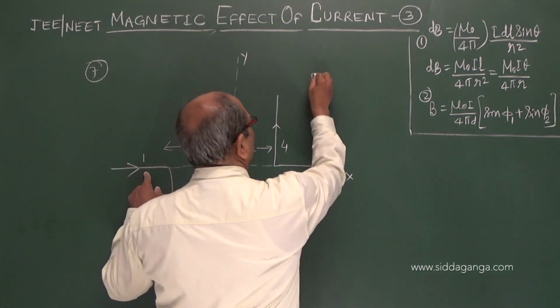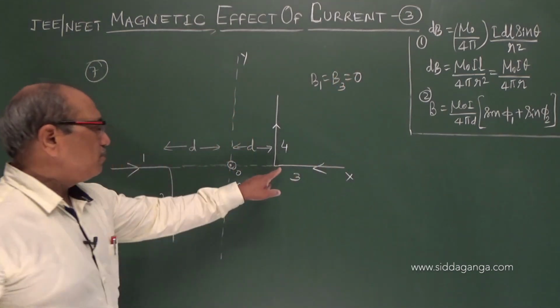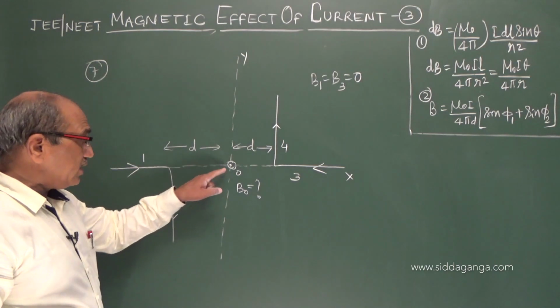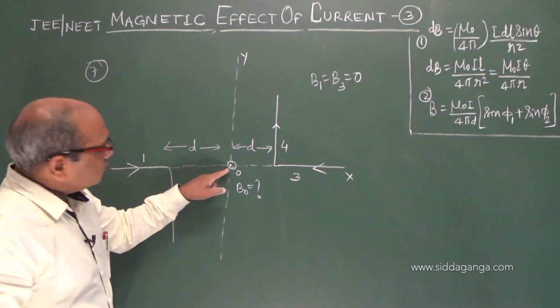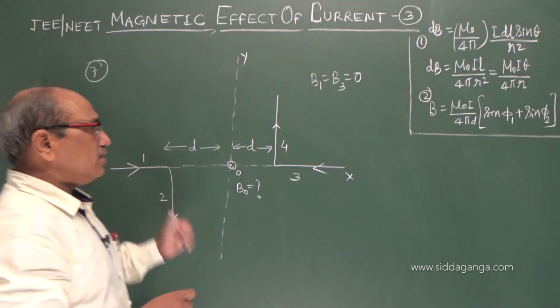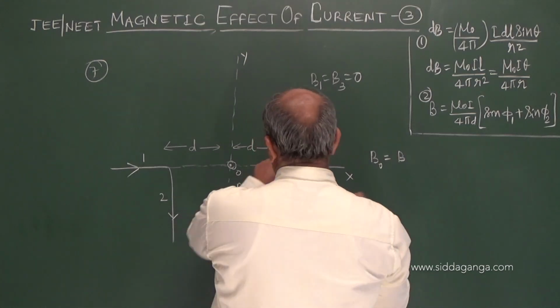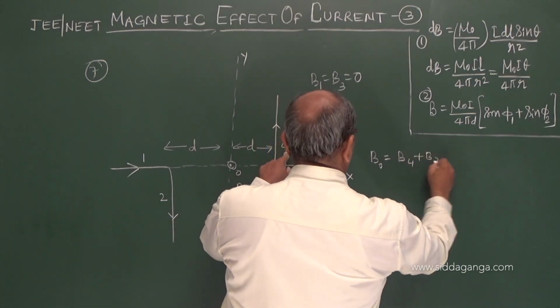I say these two lines are in line with the point of study of the magnetic field. When in line, B1 equals B3 equals 0. B3 is in line with the magnetic point, and 1 is also along the line where we find the magnetic field. Then the magnetic field we have to get is B0 equal to B4 plus B2.